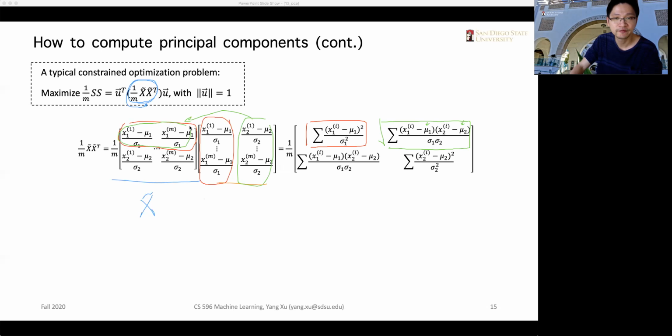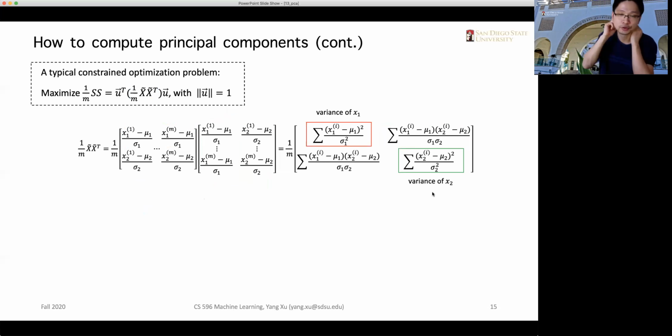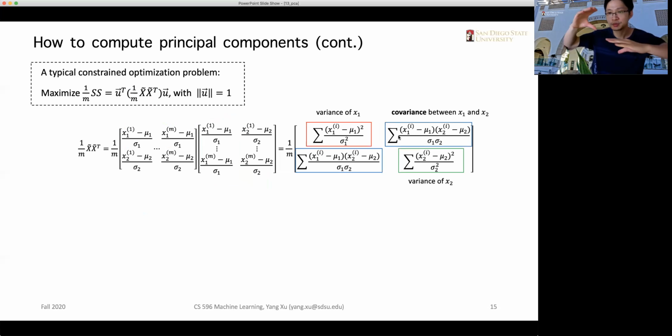Okay, so we have names for these terms. We are more familiar with the first term. It's just the variance of the first feature, right? That's how we define the variance of one feature. And so is the bottom right corner, this item within the green box. It is the variance of x2. And the trickier part is these blue parts.